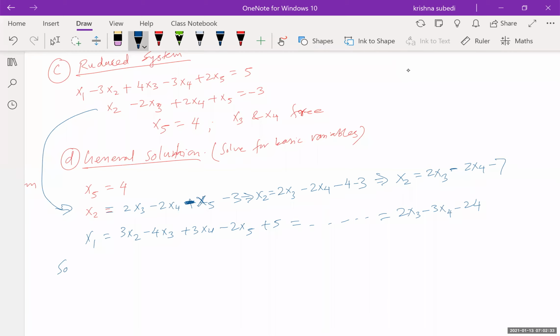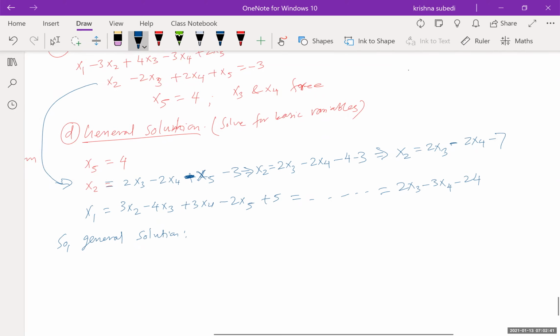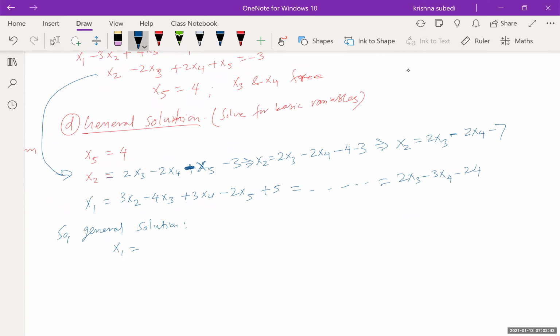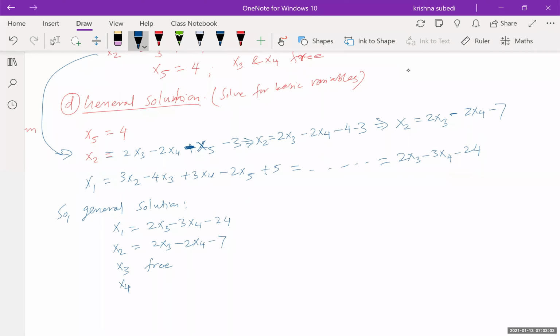Therefore, let us write the general solution in a nice form. x1 is 2x3 minus 3x4 minus 24. x2 is 2x3 minus 2x4 minus 7. x3 is free, and x4 is also free, and x5 is 4.